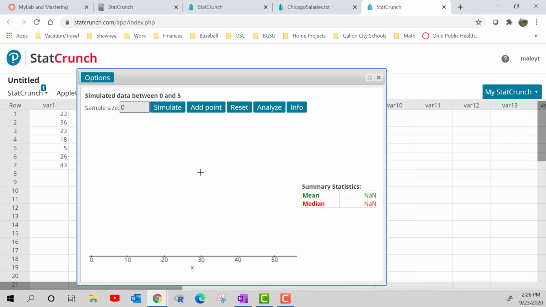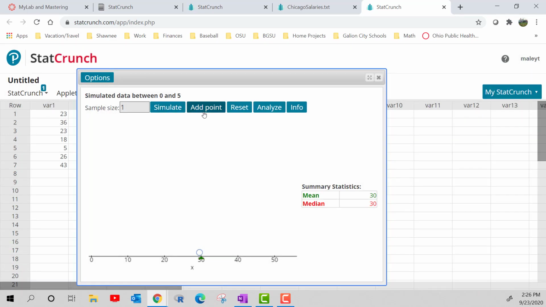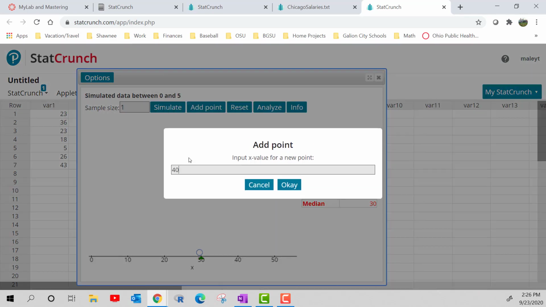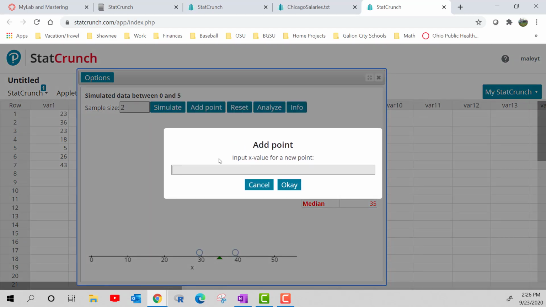So the values that I picked for this are 30, 40, let's see, 3 more 40s. So 30, 4 40s, and then a 50.